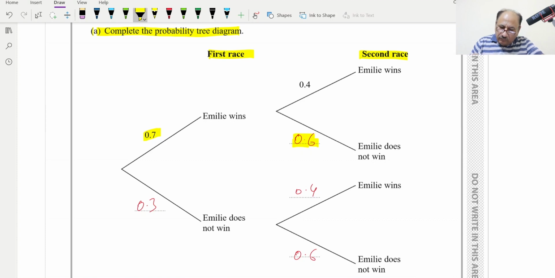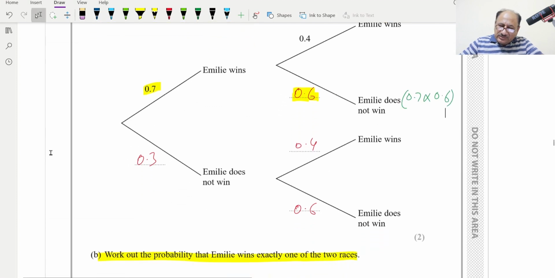So the first option will be 0.7 multiplied by 0.6, and the second option, exactly one win, will be not win and win, so this will be 0.3 into 0.4. These will be the two situations in which there will be exactly one win.